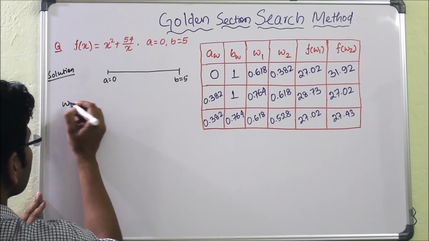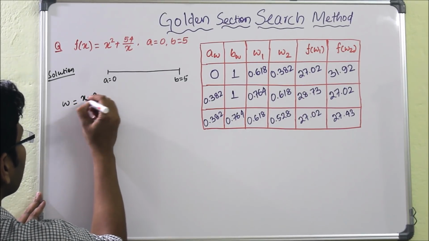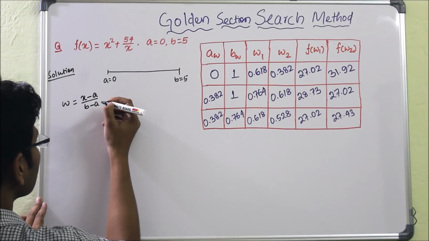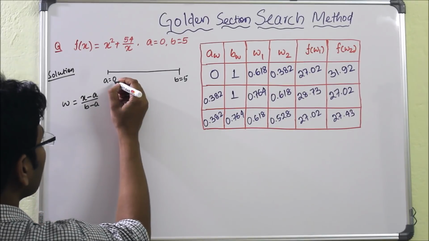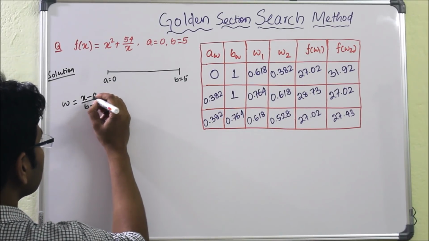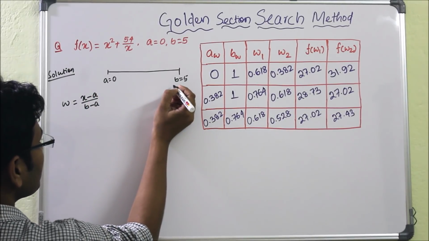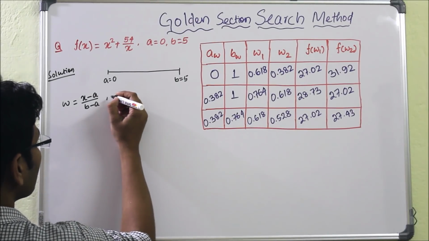So what is the function? The function is w equals (x minus a) by (b minus a). If I put x equal to a, then w will be 0, and x equal to b, then it will be 1.